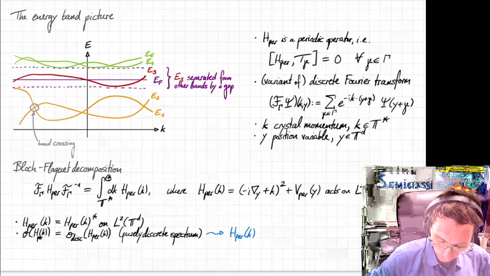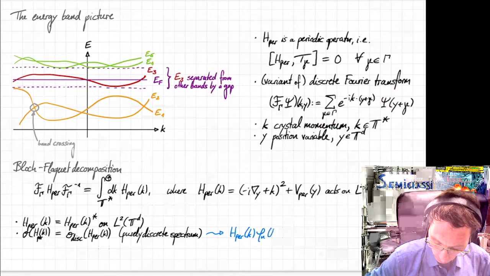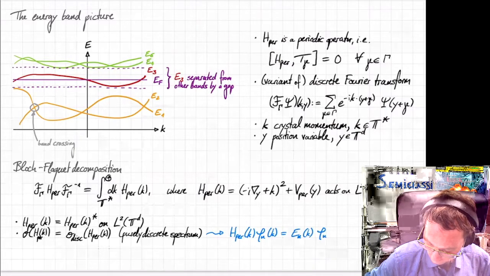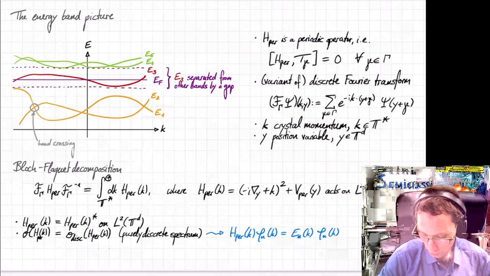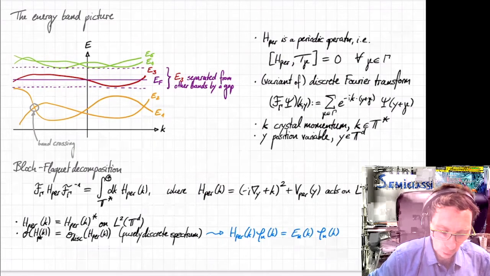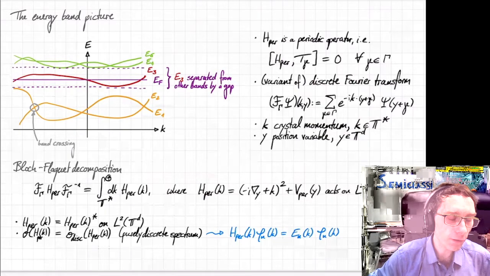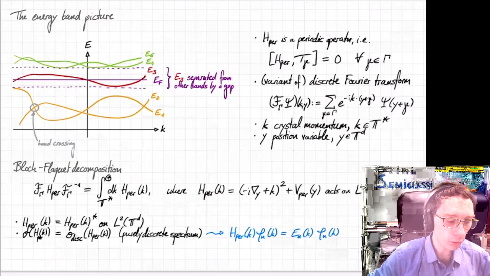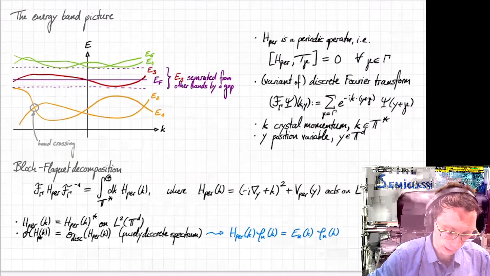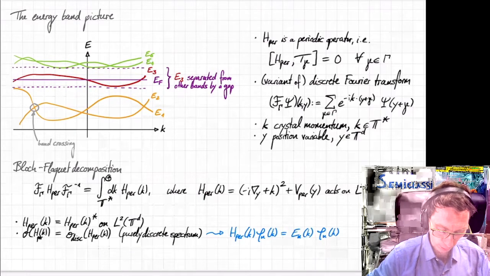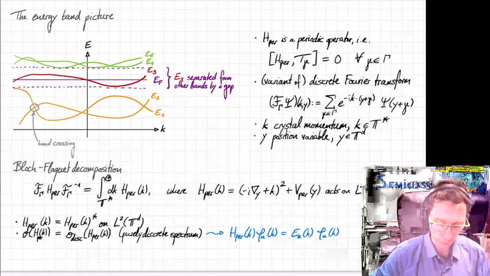So what you do here is, for fixed K, you solve the eigenvalue equation. The Bloch functions phi n of k give you a complete orthonormal basis. This follows from the self-adjointness of H periodic of k combined with the purely discrete nature of the spectrum.